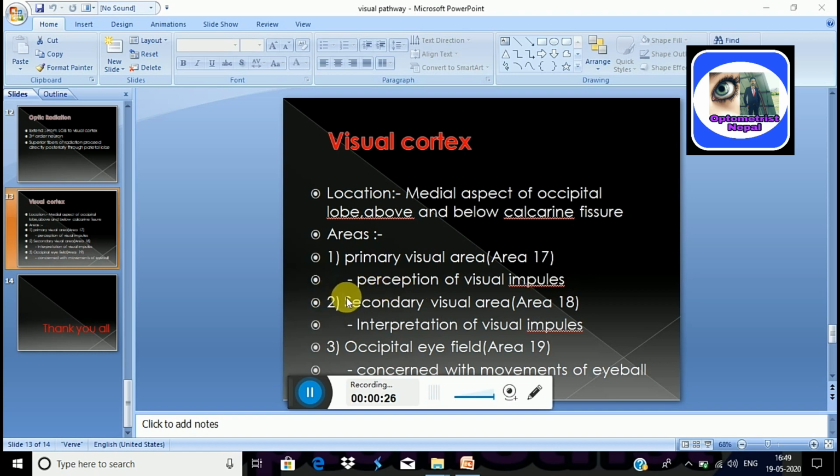Second one is the secondary visual area, that is area 18, where interpretation of visual impulses takes place. Third one is the occipital eye field, that is area 19, concerned with movement of the eyeball.